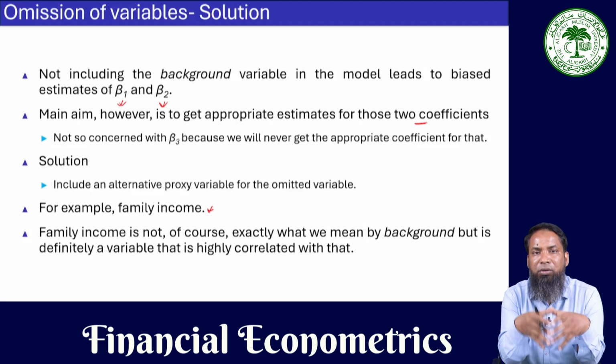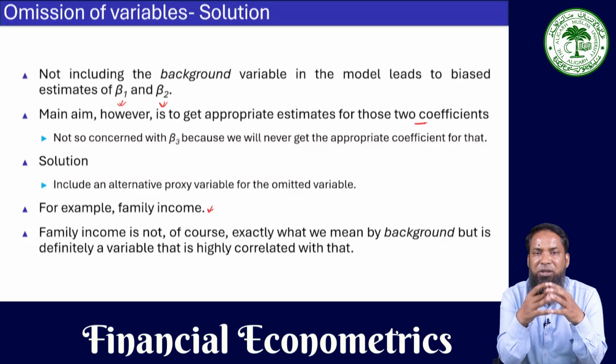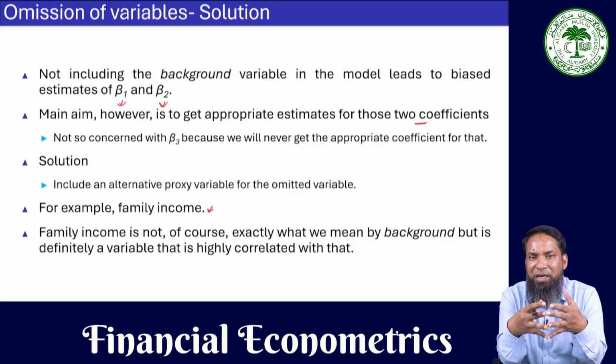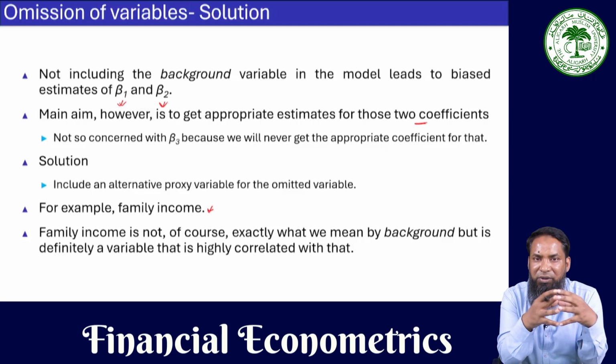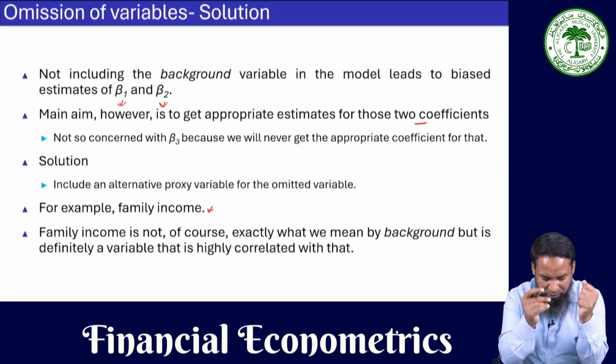However, if we do not include it, we will have biased estimates of beta 1 and beta 2, which is our primary concern. But if we include family income, which may to some extent represent the socio-economic background, then we are basically correcting beta 1 and beta 2, which is our primary concern.